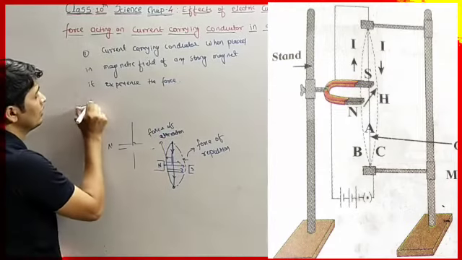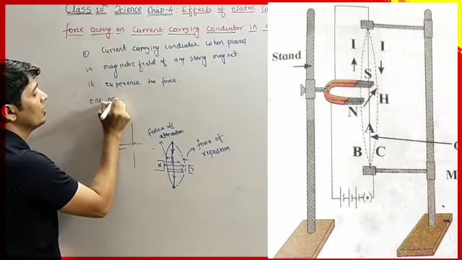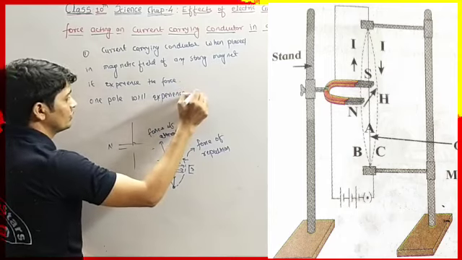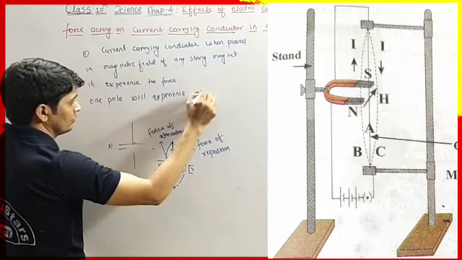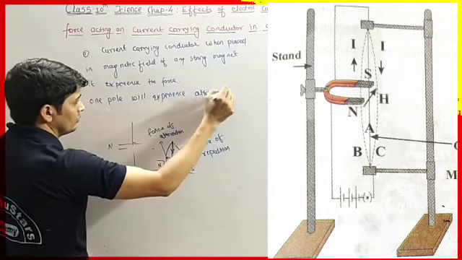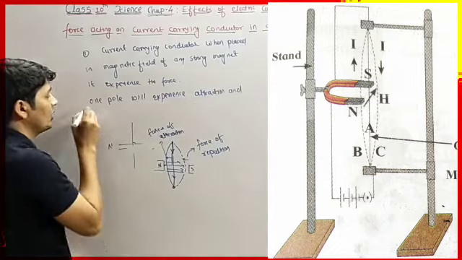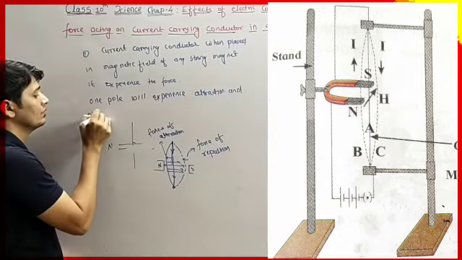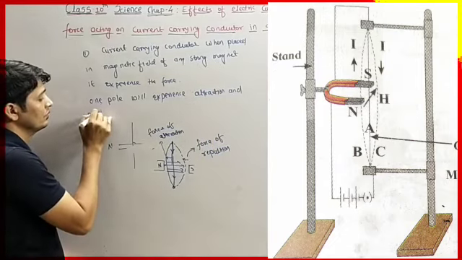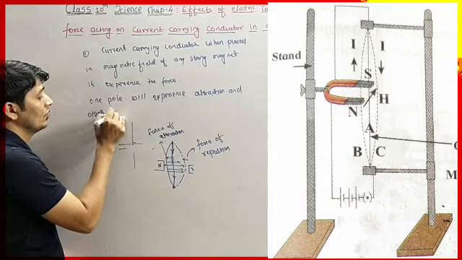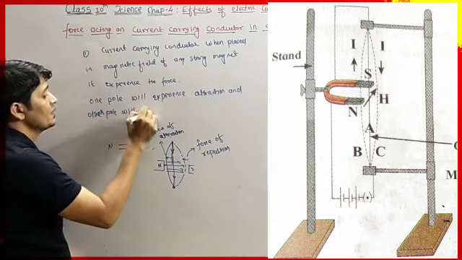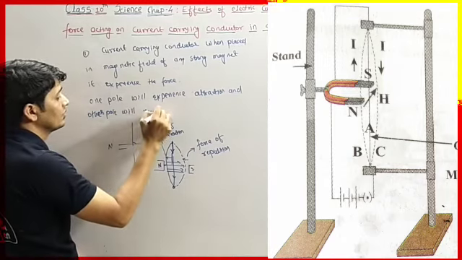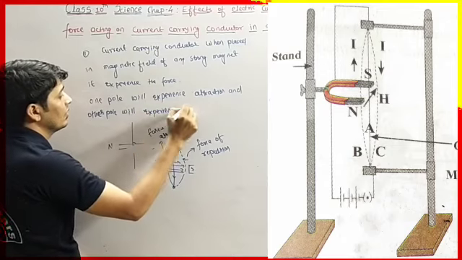One pole will experience an attraction force and the other pole will experience a repulsion force.